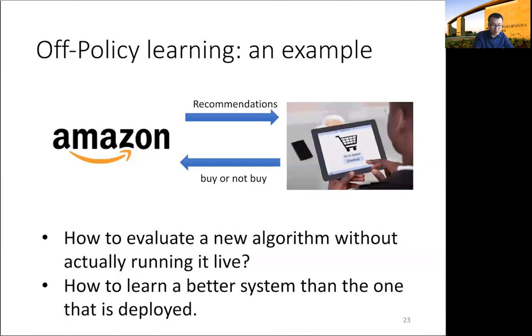Whenever you ship a new recommendation engine, you first have to evaluate it using the data that's already there, and applying your new recommendation to the old data will suddenly run into the situation that you recommend something that hasn't previously been recommended to that particular user.